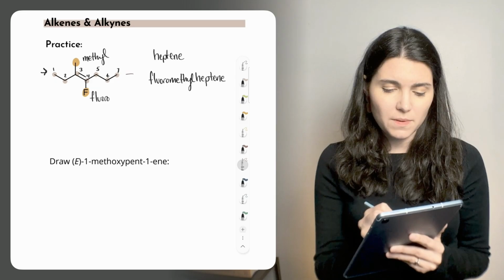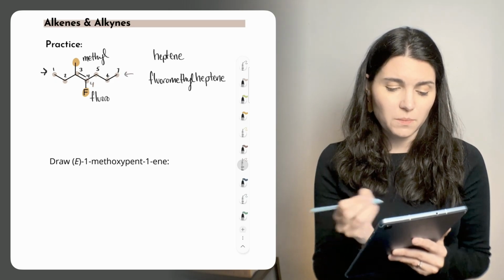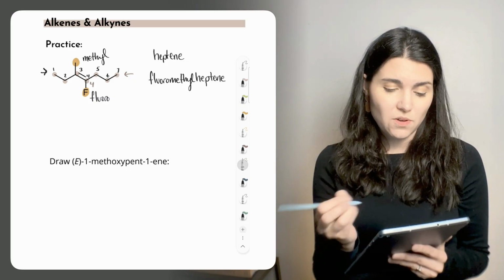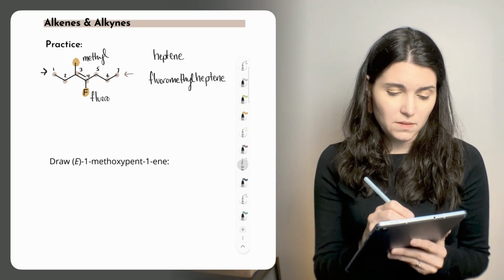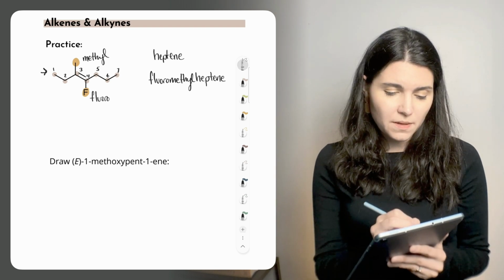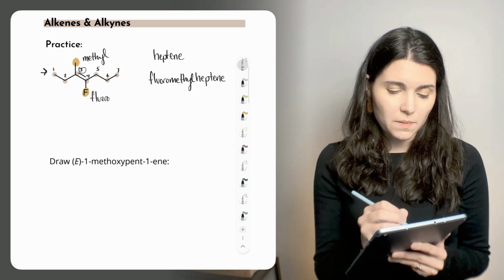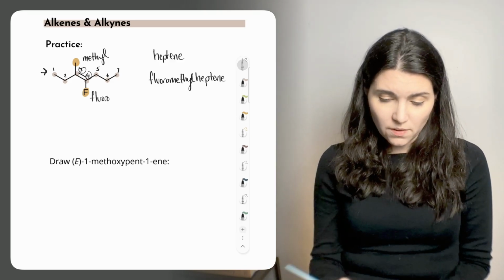If we numbered the other way, so this way, 1, 2, 3, 4, our double bond would start on 4. So that's not as good. So we're not going to number that way. We're just going to stick with the first one that I did. And so that means our double bond starts on 3, our methyl also on carbon 3, and our fluoro is on carbon 4. So we'll put that all together.